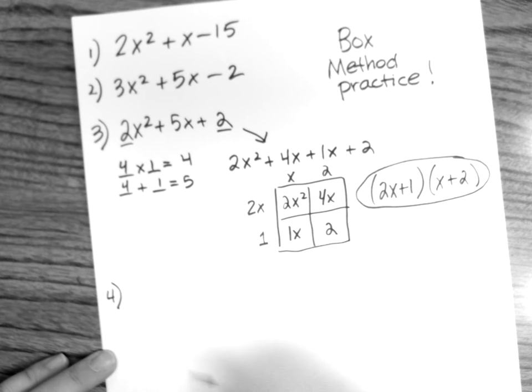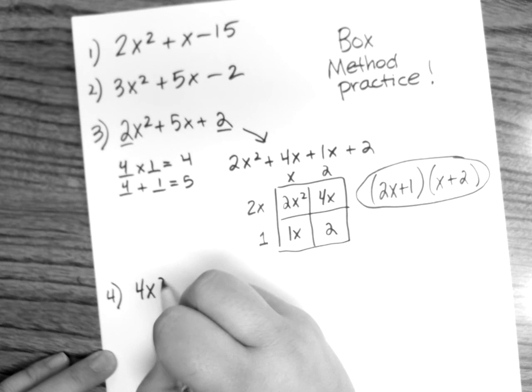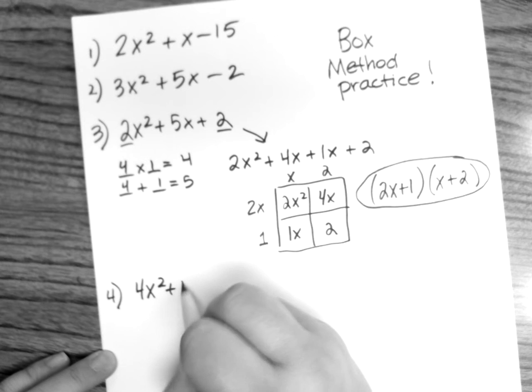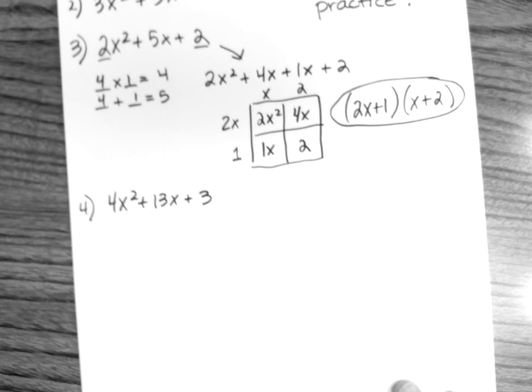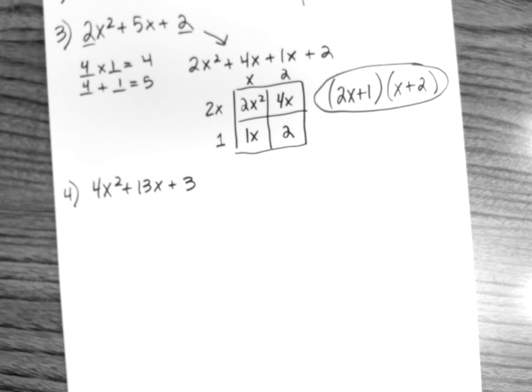Okay, this one is 4x squared plus 13x plus 3. Again, if you want to try it yourself, pause now, try it yourself. Come back to me when you're ready to see if you did it right.